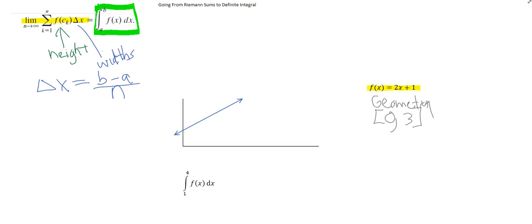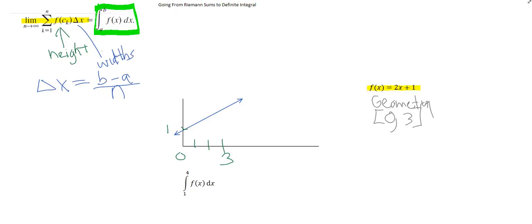Let's mark that off on our graph, and let's see if we can identify the shape. So we have 1, 2, 3, and at 0 you can see the height of this is plus 1. So that height there is 1.